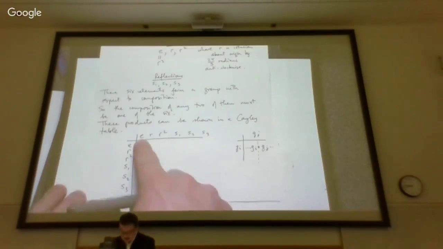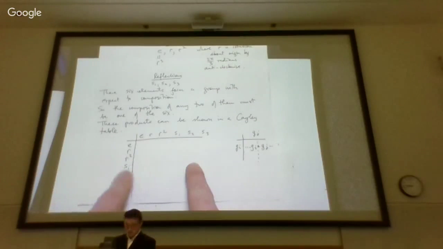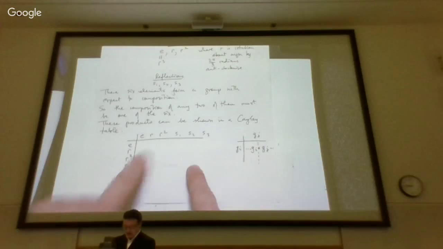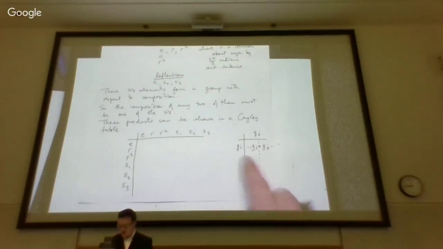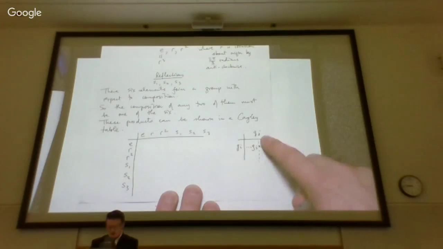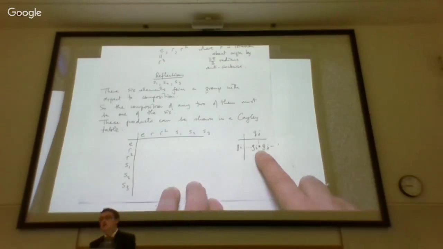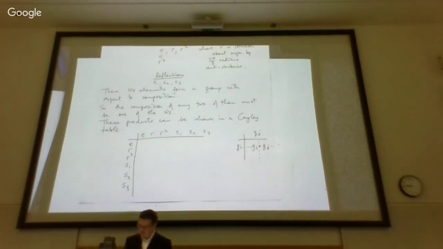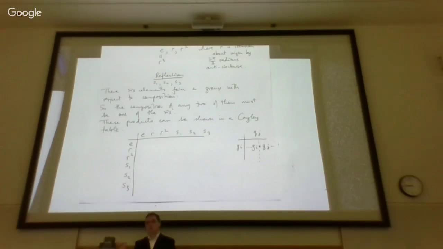So the idea is, in every entry in the table, we're going to put the product of the corresponding element of the row we're in and the element of the column we're in. But we need to be careful about the order. So if we're in the row corresponding to the element Gi, and in the column corresponding to the element Gj, the product that goes there is Gi composed with Gj. Okay? Gi composed with Gj. We have to be careful here because function composition is not commutative. So we have to stick with the correct convention for the order.